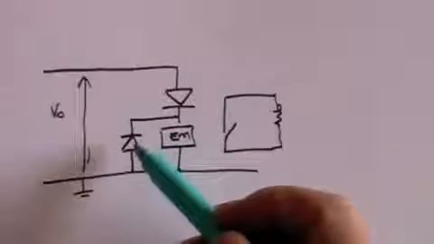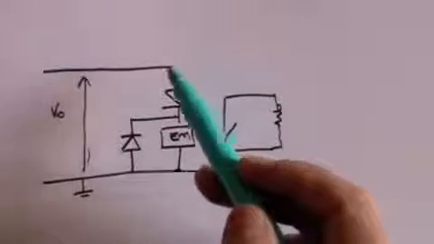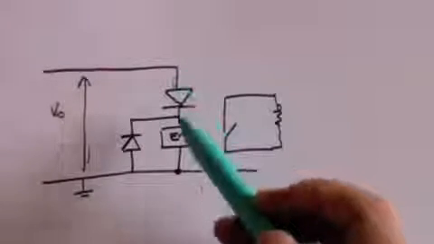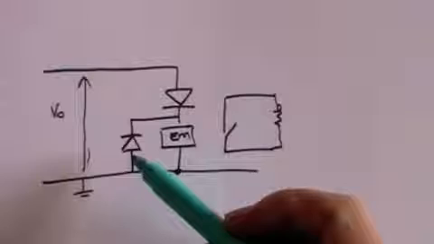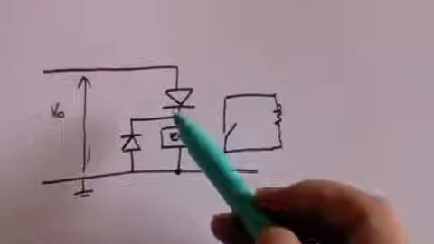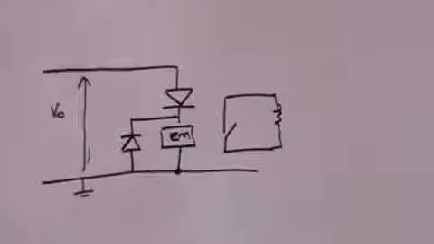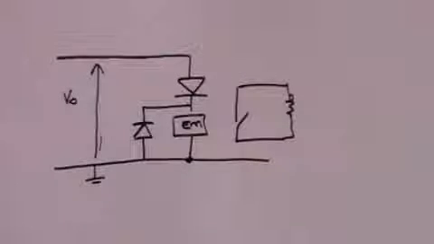Of course, because the diode is that way round, the current, when it does flow through this arm, cannot go that way because it can't go through the diode in the wrong direction, and so the current is forced to go through the electromagnet.